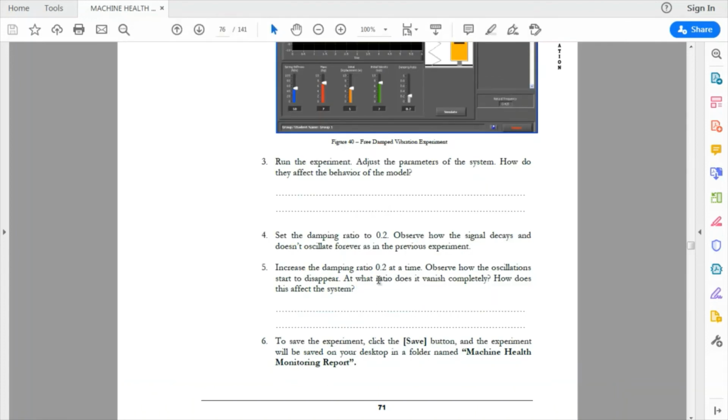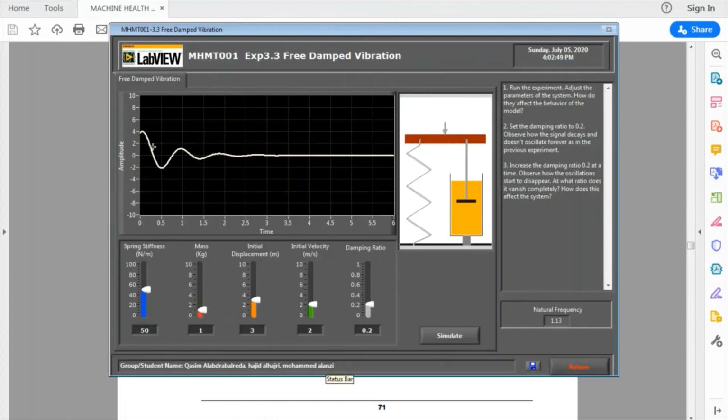At what ratio does it vanish completely? So this oscillation is going up and down, up and down. If I increase that to 0.4, only 3. If I increase that to 0.6, it's only one up and something.